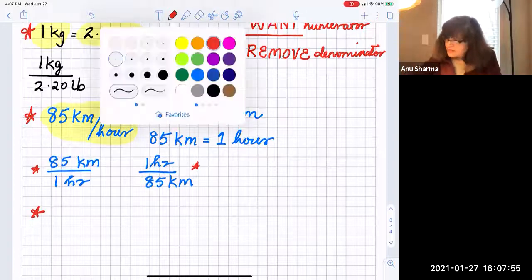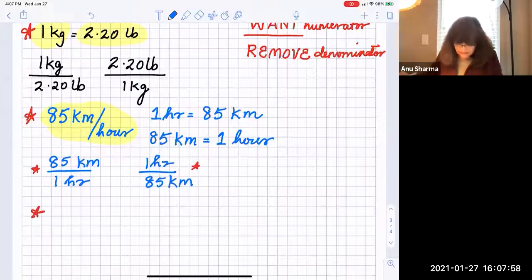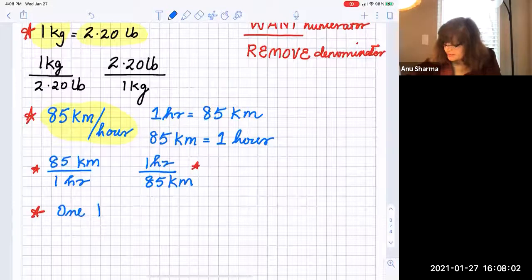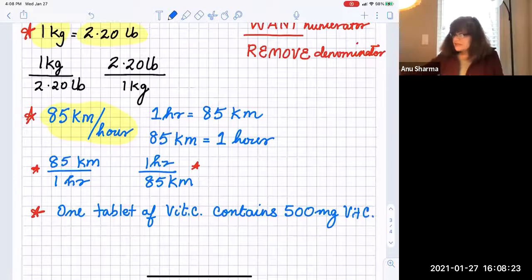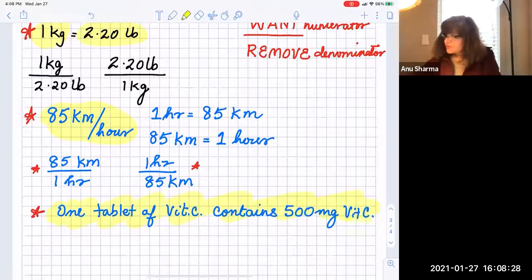Another thing is from a sentence. Now the sentence is saying one tablet of vitamin C contains 50 milligrams of vitamin C. Okay, so this is the full-fledged sentence. In this whole sentence, how do you convert that?